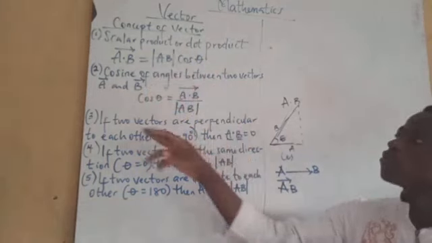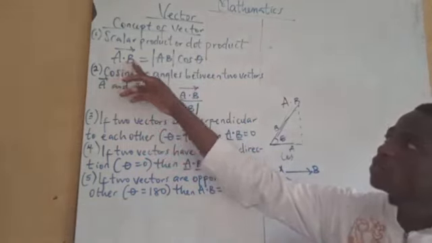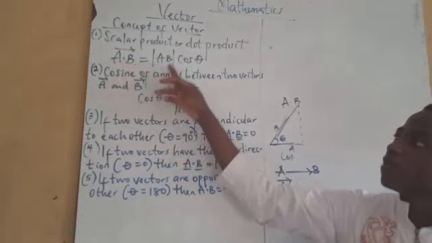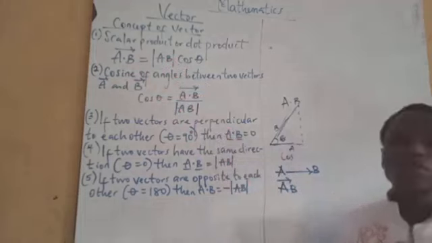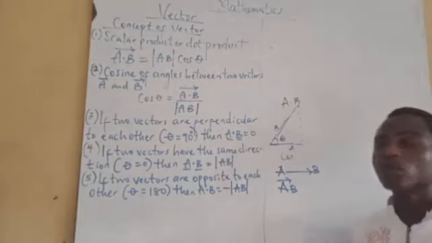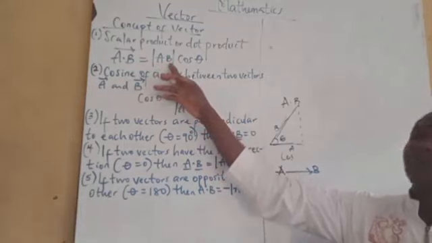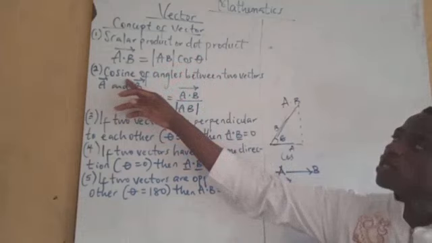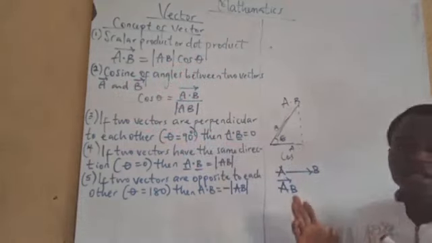So that is why we are using cos in the scalar product. So you can say vector A dot B is equals to the magnitude of AB, or you say the modulus of AB. I believe you know how to find modulus. So that is AB in modulus, then cos theta. Now, the cosine of angles between two vectors, as I said earlier.